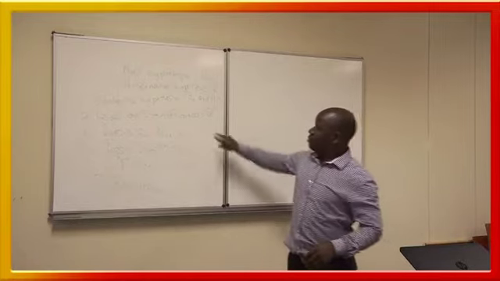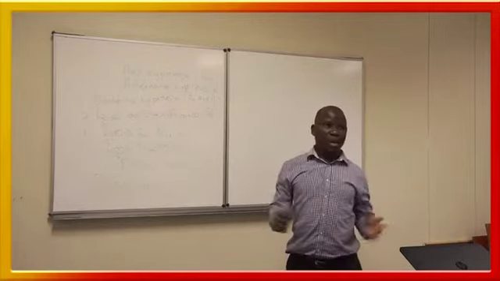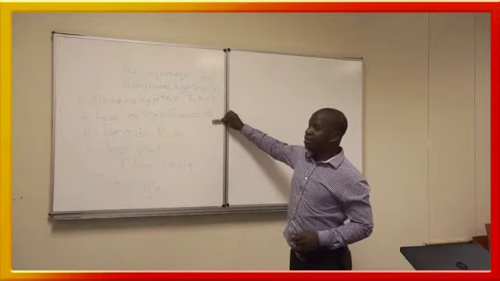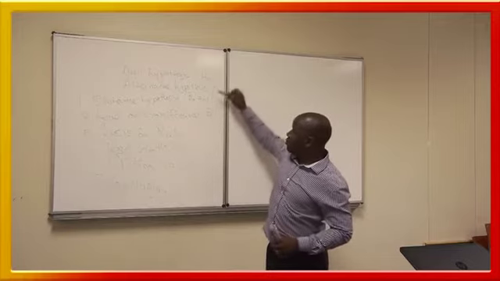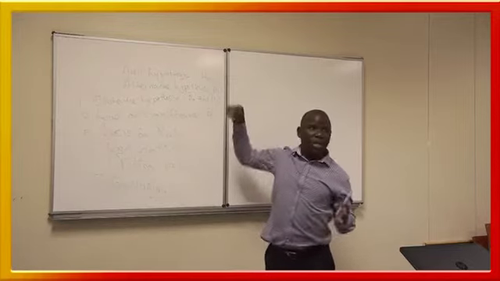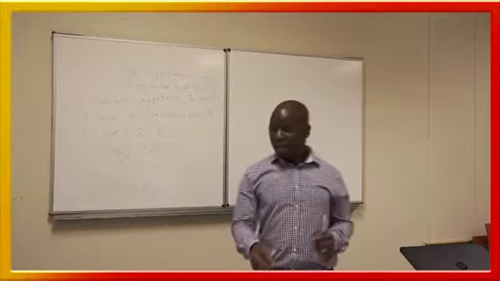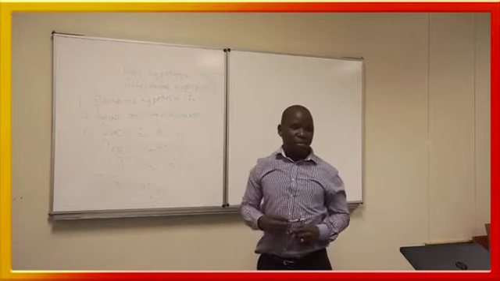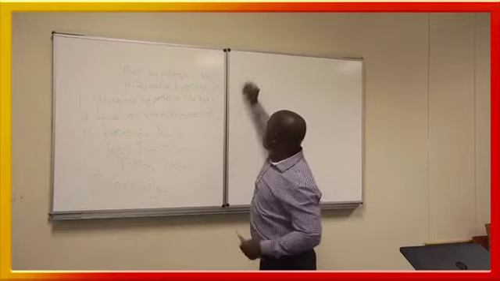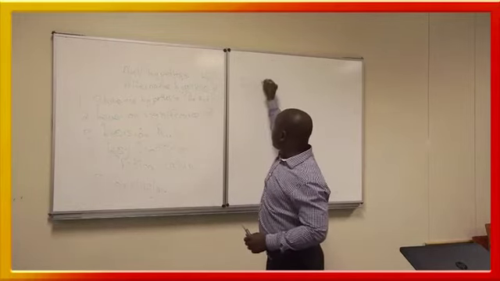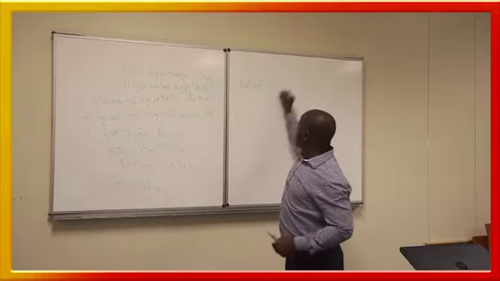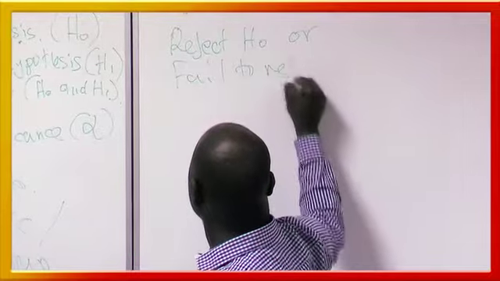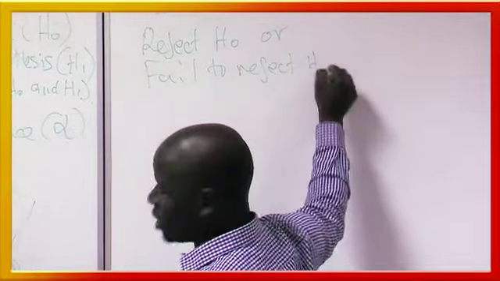Now, let me further expand on this so that we're on the same page. When we test a hypothesis, we don't conclude based on H1. We don't mention H1 in our conclusion. We need to only comment on the null hypothesis H0. So it's either we reject H0 or fail to reject H0.